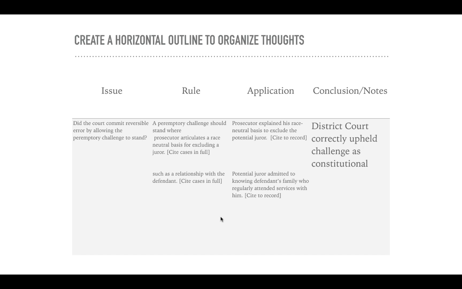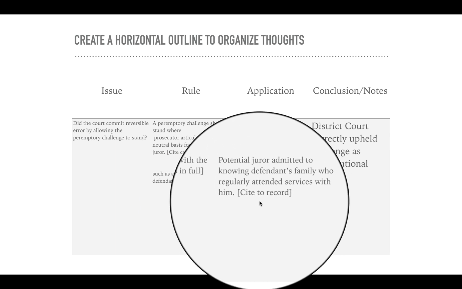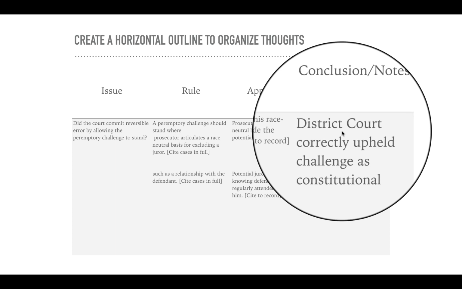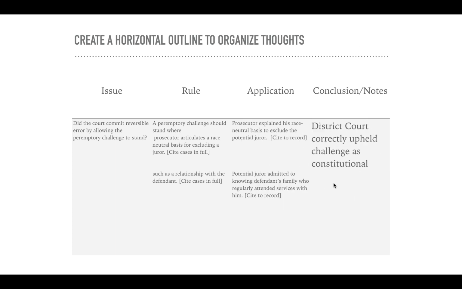If the rule tells us that a relationship with the defendant is a basis to exclude a juror, then in our application, we'll put exactly where, from the record, we see that the potential juror was excluded based on a relationship. And then finally, you can put down your conclusion, any other notes you want to put down, as to why the district court constitutionally or unconstitutionally allowed the prosecutor to exclude the juror.